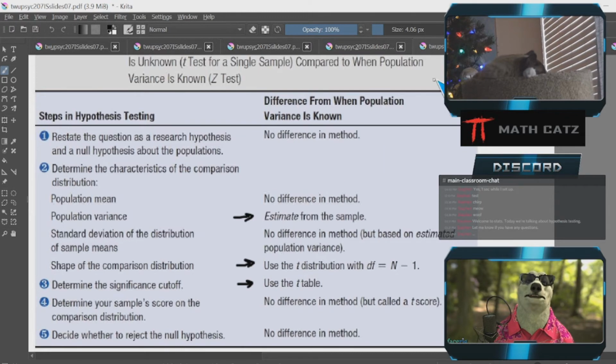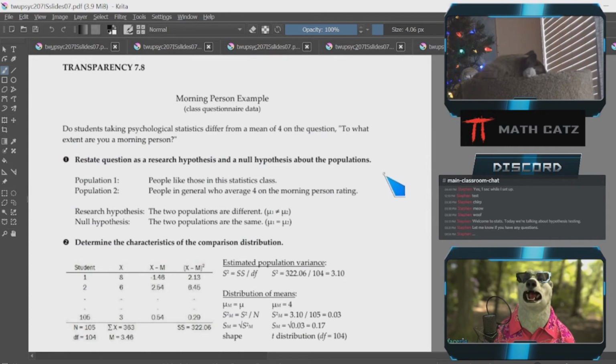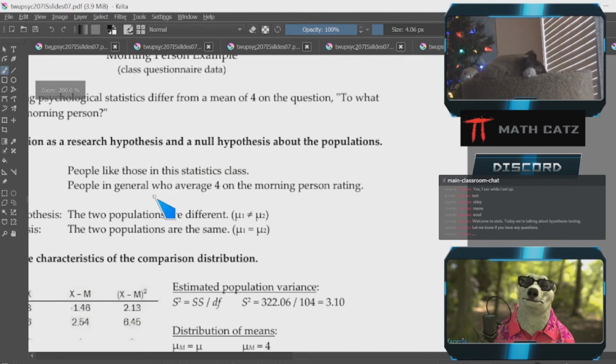Okay. Let's wrap this up with one more example where we are seeing whether students taking psychological statistics differ from a mean of 4 on the question, to what extent are you a morning person? We want to see, is it different than the general average of 4?